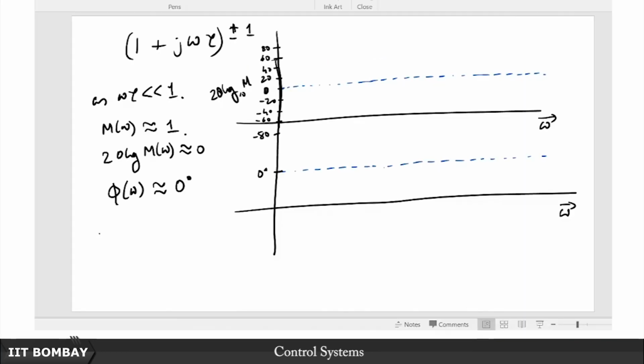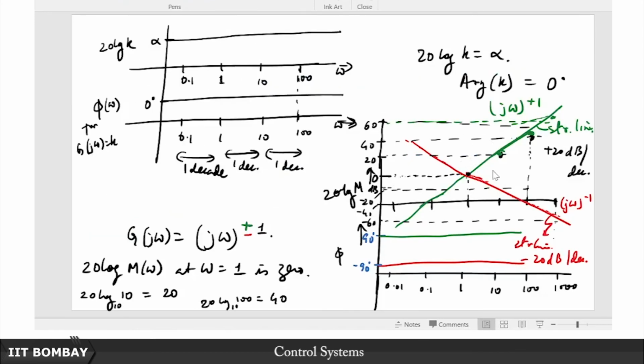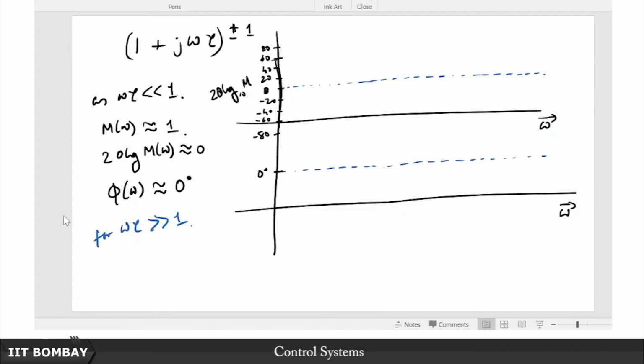Now, for omega tau much greater than unity, you see we can drop off this 1. So, this will resemble the plot for this pure integrator or this pure differentiator. So, therefore, that high frequency asymptote, so let me now mark out this. So, this is 0.01, this is let us say 0.1, this is 1, this is 10, this is 100, this is 1000, okay.